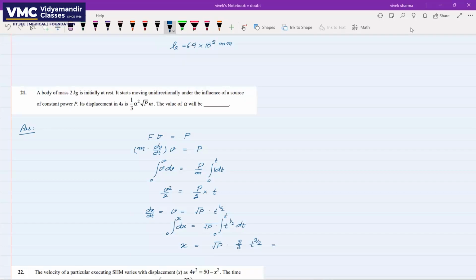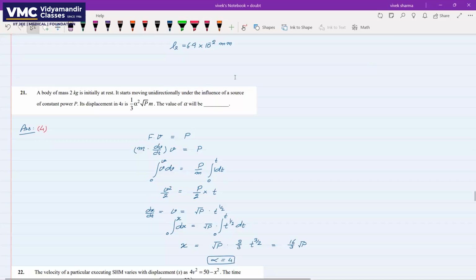So 4 raised to the power 3 by 2, it will become 8, or you can say it is 16 by 3 into square root of P. So we need to find the value of alpha. Alpha square is 16, and alpha it will be equal to 4. So correct answer, it is 4.